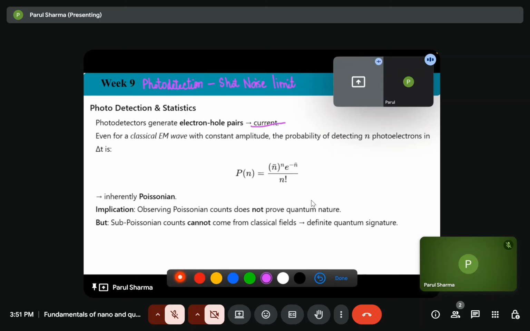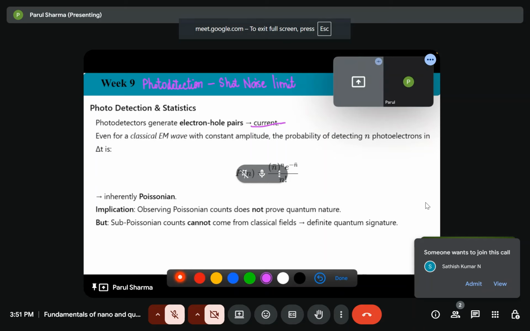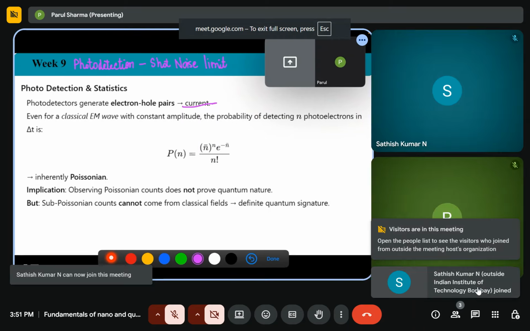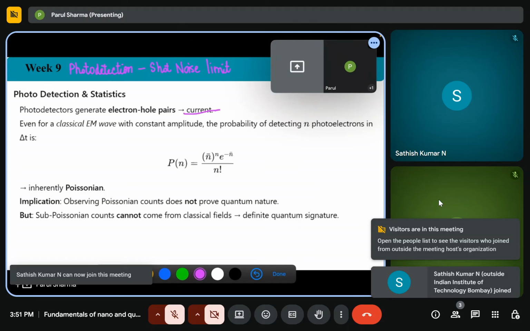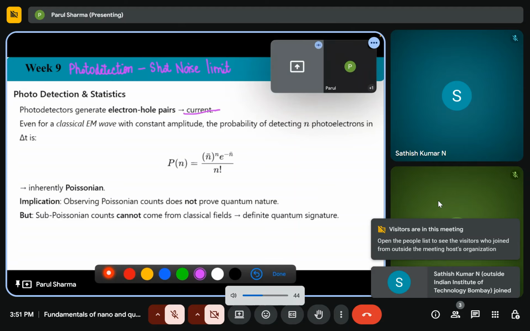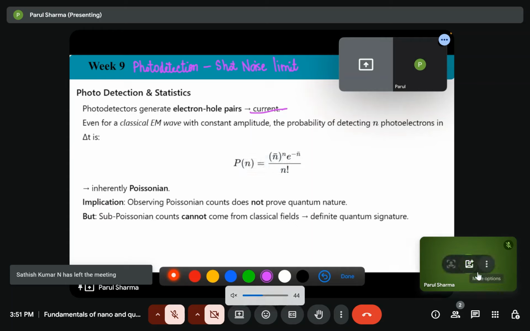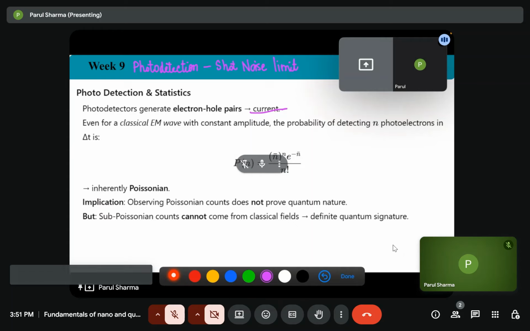Then it will interact with the material, and it will generate the electron hole pairs, and then they will separate, and then it will give the current, that is the photodetection process.